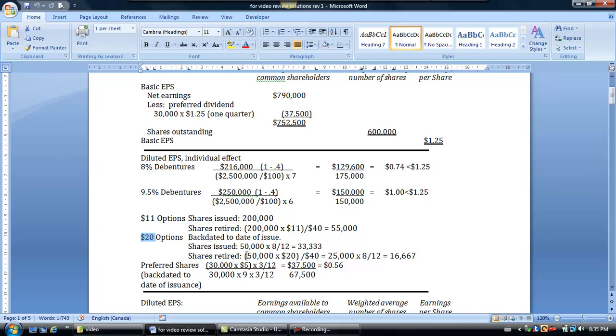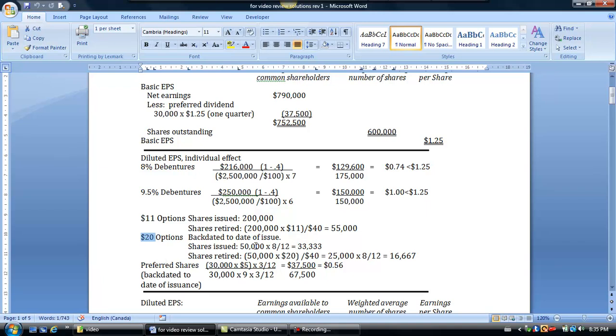Because again, that's the point at which we would get the least amount of money from our investors, given that we would have gone back into the marketplace to buy the shares back at $40 a share. So we're going to use the $20 for that reason. And again, we know the options are in the money, or they have intrinsic value.